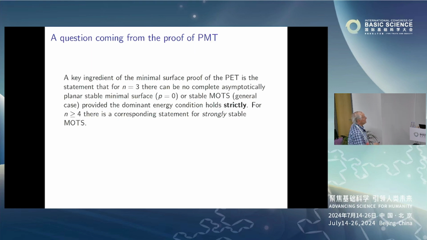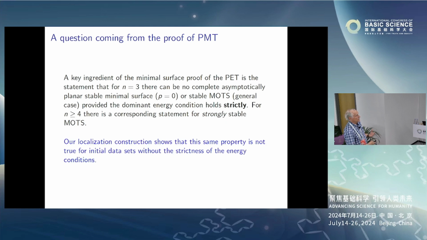Okay, and so these examples show that you can certainly have asymptotically planar stable minimal surfaces or MOTS in these initial data, and so you can ask the question whether there's any sort of geometric restriction on such things.